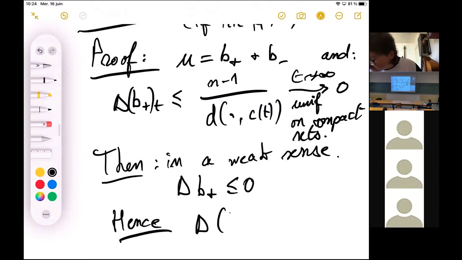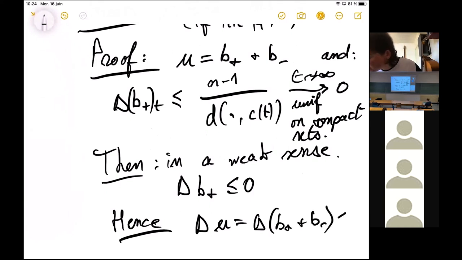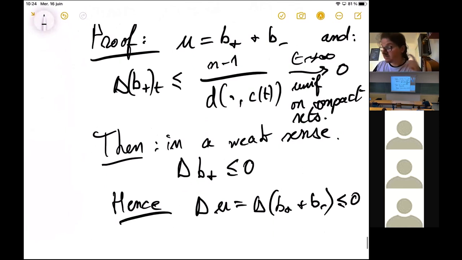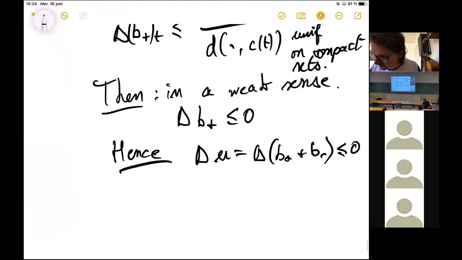So we have the Laplacian of u, which is the Laplacian of b plus plus b minus, is less than 0. And so we have a superharmonic function which attains its minimum, then the maximum principle tells you that it has to be constant.